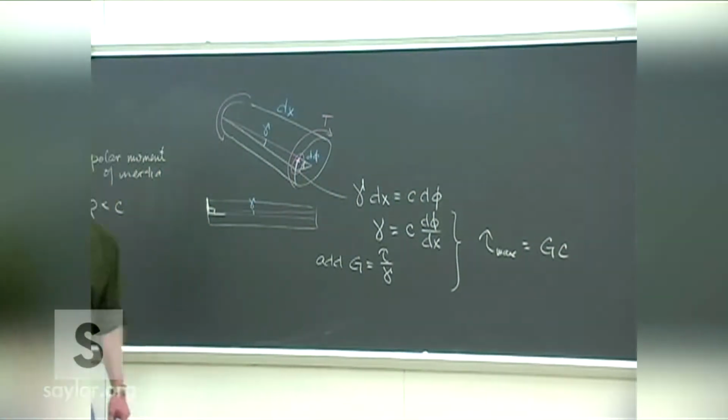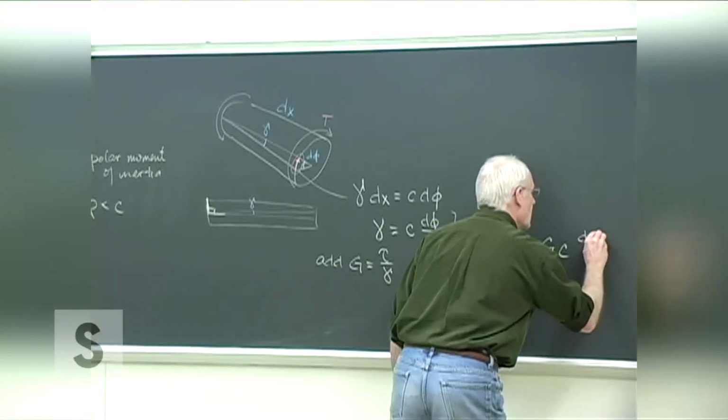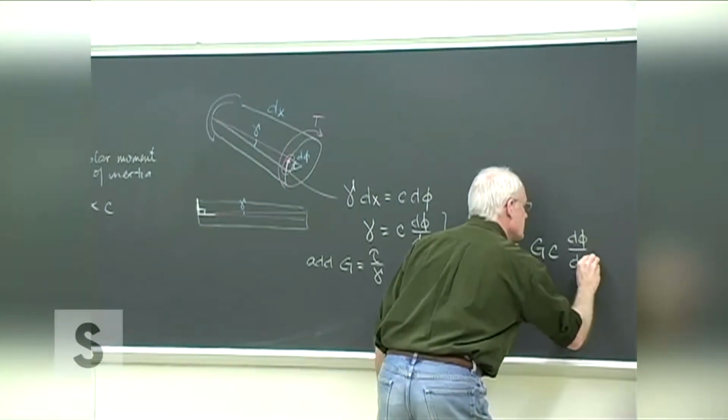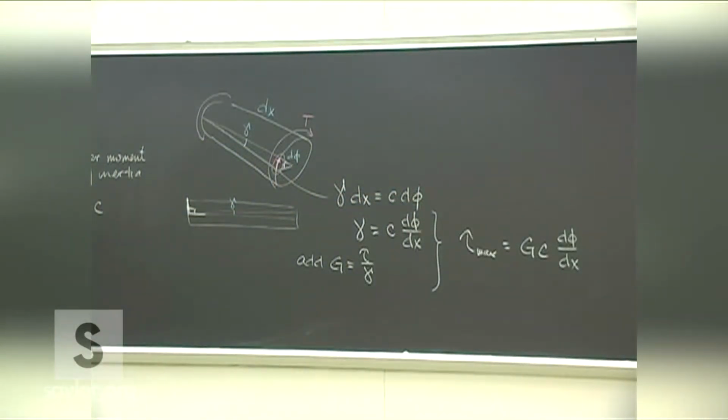two constants, the product of two constants independent of the load, times however much angular distortion we get per unit length of material. But that maximum shear stress, we already know to be this.